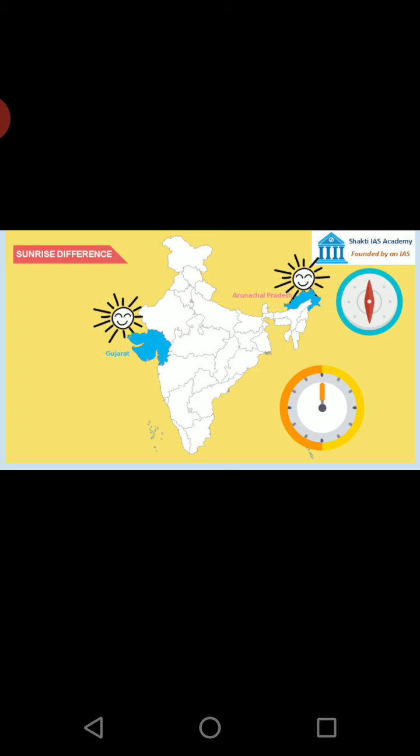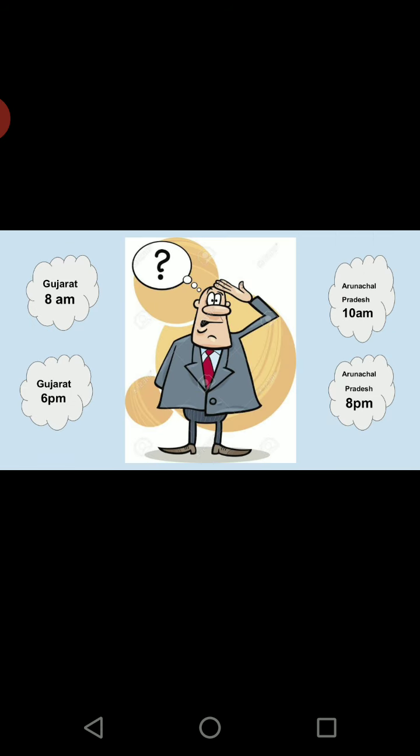Arunachal Pradesh sees the sun first, being on the eastern side, so it will be ahead, whereas Gujarat will be behind. If in Gujarat we have 8 am, at the same time Arunachal Pradesh will be showing 10 am. If in Gujarat it is 6 pm, Arunachal Pradesh must be having 8 pm.